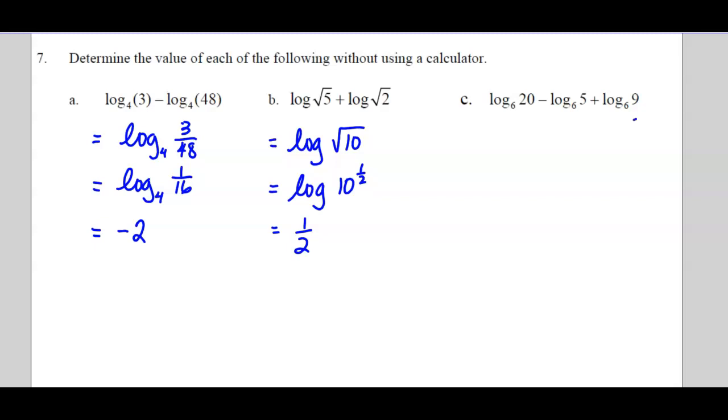Got more than one term here, so this will be log base 6. So 20 divided by 5 times 9. That looks like decimal. I'm just going to fix that.